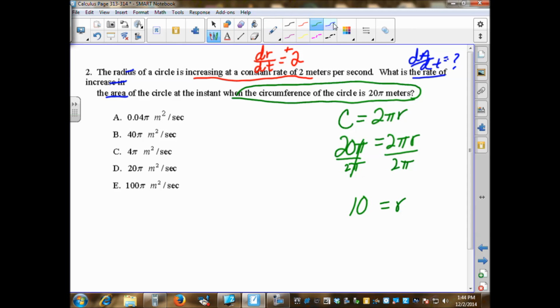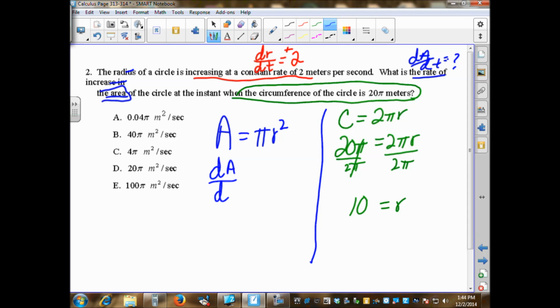Now back to our problem. We want the rate of change in the area. So we're going to need the area formula for a circle. And we'll do our derivative now. So that'll be dA dt equal to, pull that 2 down, 2 pi r dr dt.